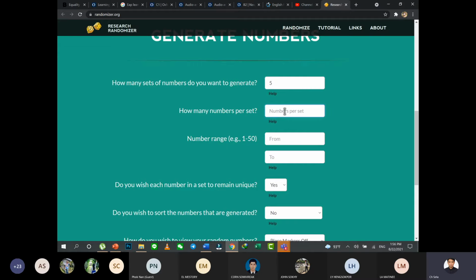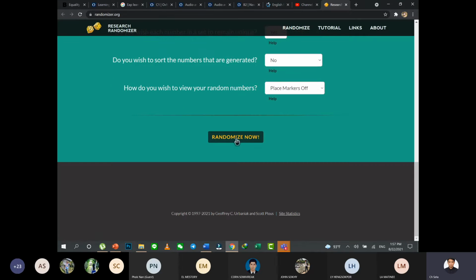Because there are 30, I may get 7, because 7 multiplied by 5 is 35, right? From the first student until 35, your numbers are 35. And then I would say randomize. So when I click on this one, you will get your group member.